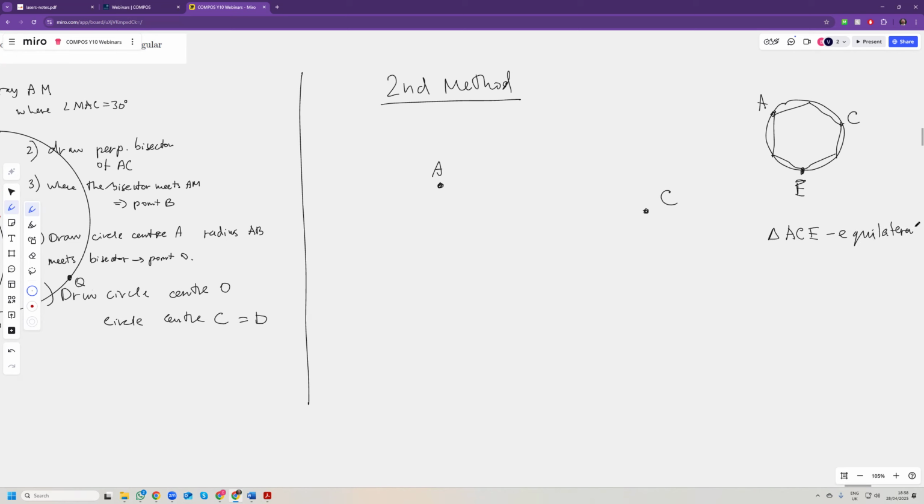And you know how to draw equilateral triangles because we've already done it.